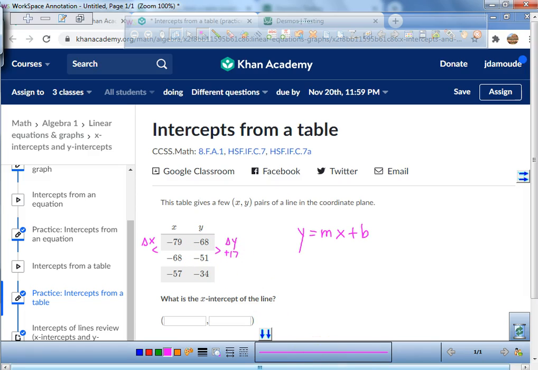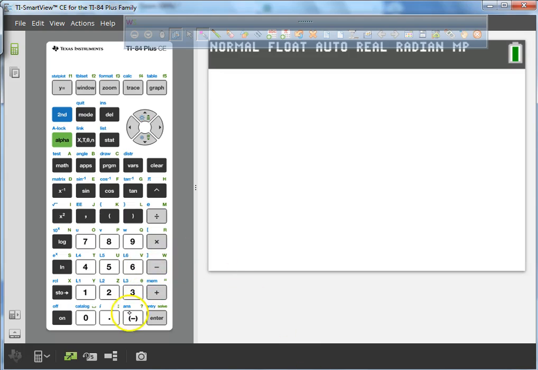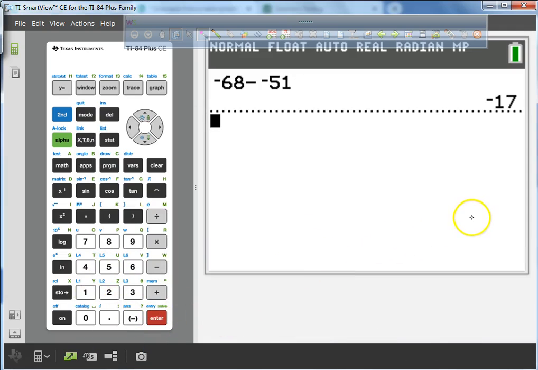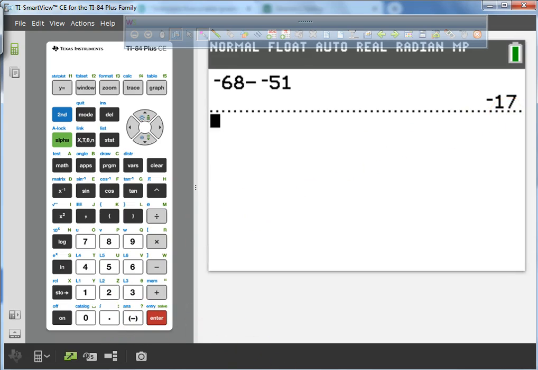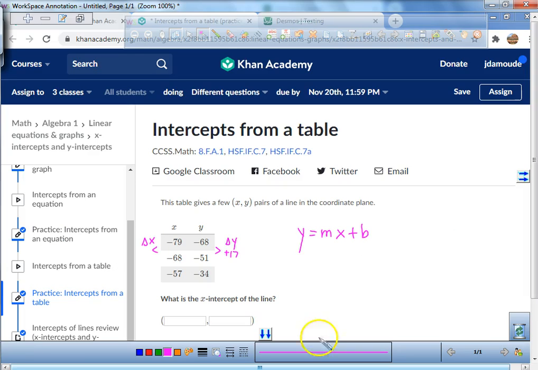If you wanted to know what the gap was, you could take negative 68 and take away a negative 51, and press enter, and you get 17. So what does that mean? That means to go from here to here, I have to add 17 units.